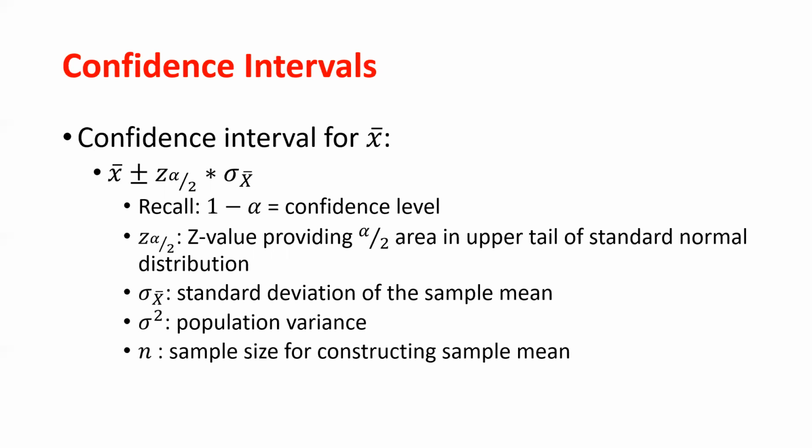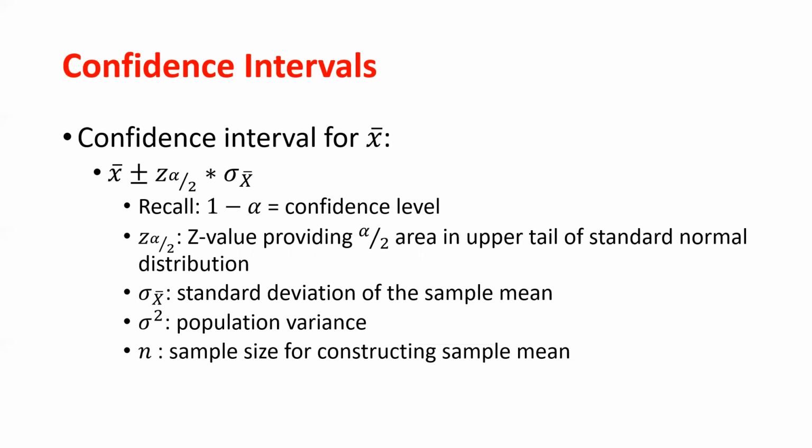What does that do to my confidence interval? I'm building my confidence interval around that sample mean. Let's say I see a higher sample mean. What's going to happen to my confidence interval? It's just going to shift. My lower and upper bound will just shift as well.